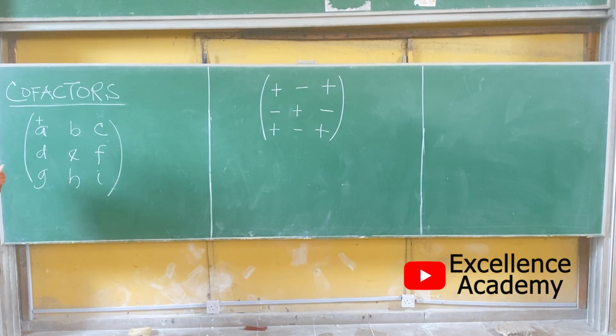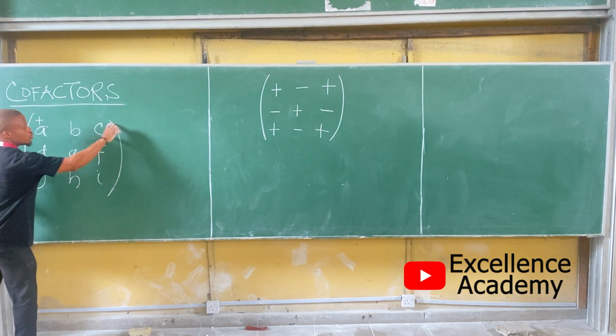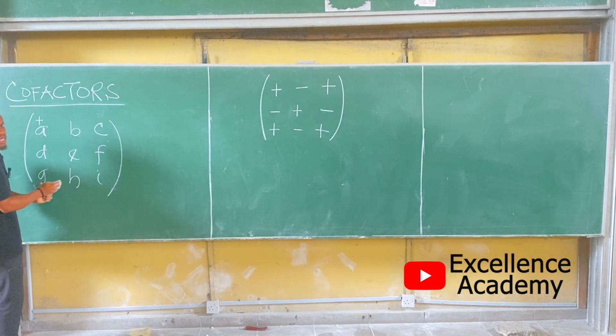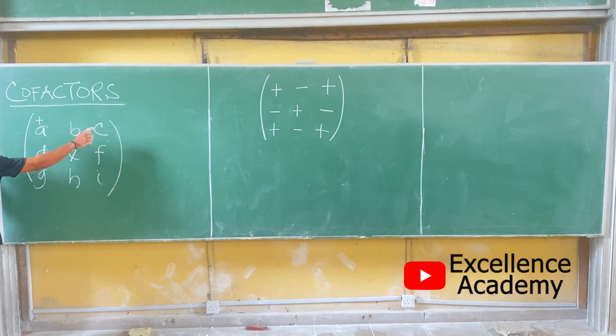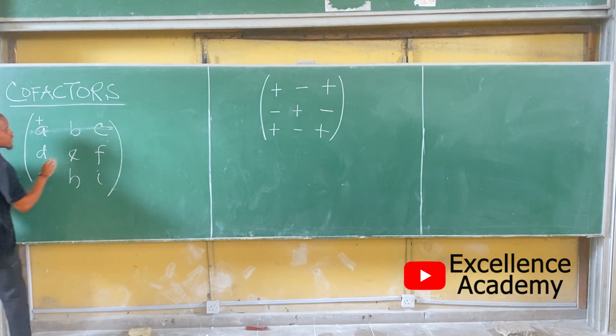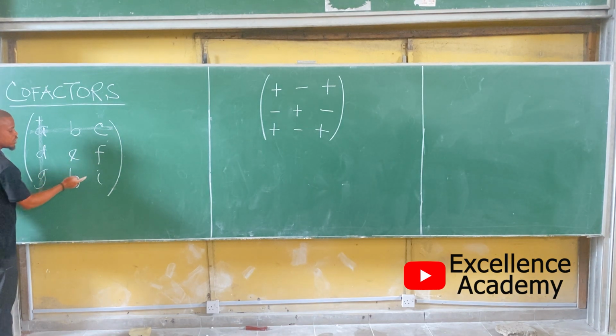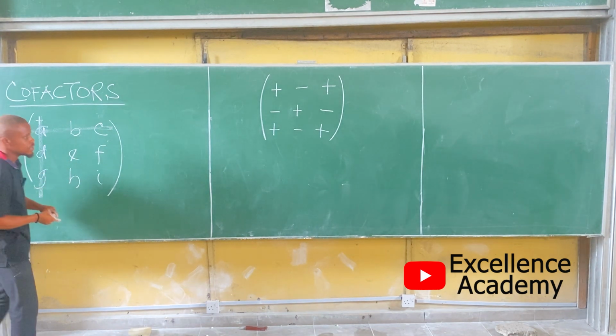So this is what I'll do. I'll block the column and the row, and pick out the particular element that appears there. If I'm blocking my row, I should have something like this. And if I'm blocking my column, I should have something like this. What is left? E, F, G, and I, right?